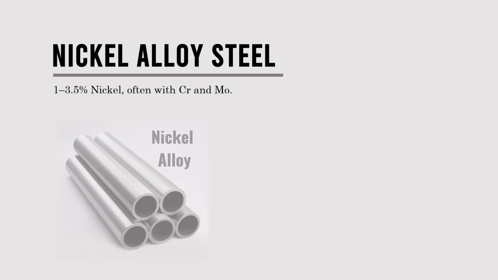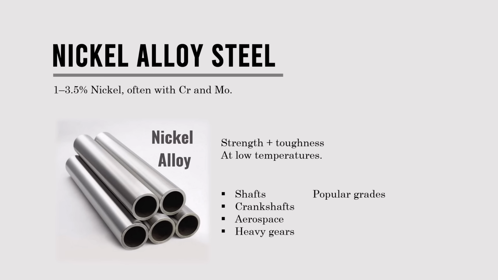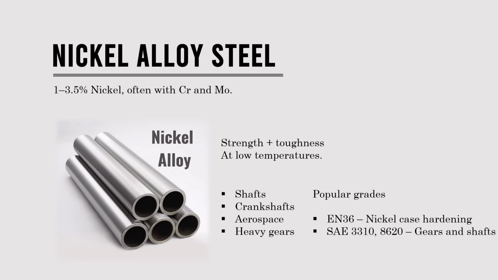Then we have nickel alloy steel. 1 to 3.5% of nickel, often with chromium, used when strength and toughness are needed, especially at low temperature. Used in shafts, crankshafts, aerospace, and heavy gears. Popular grades are EN36, the nickel case hardening.